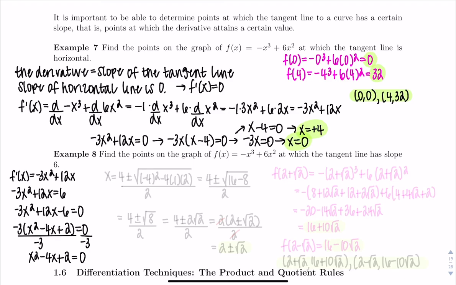We're going to have to use the quadratic formula to solve this. So we have 4 plus or minus the square root of negative 4 squared minus 4 times 1 times 2, all over 2.